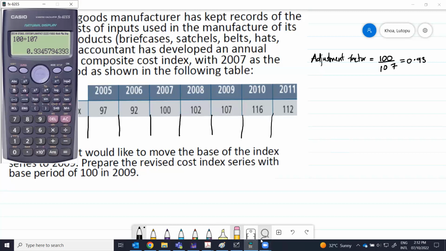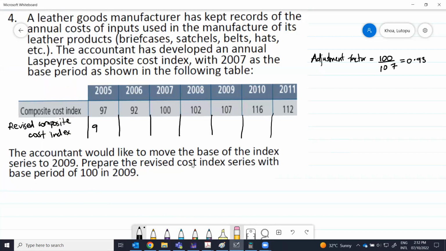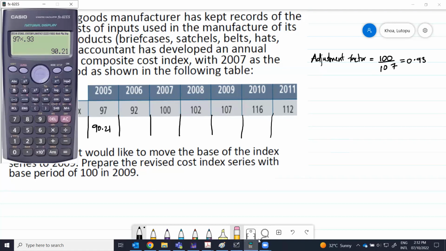Okay, so we start with 97 times 0.93. This gives us 90.21. Then 92 times 0.93.